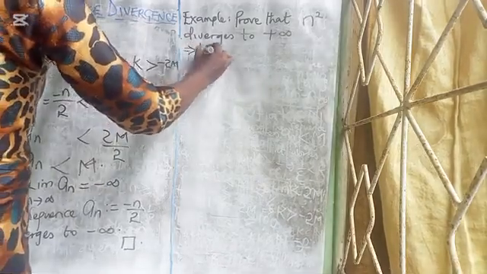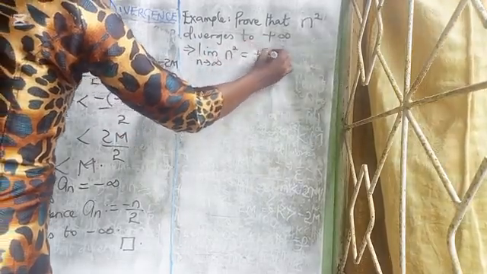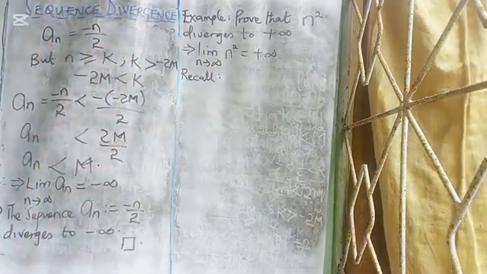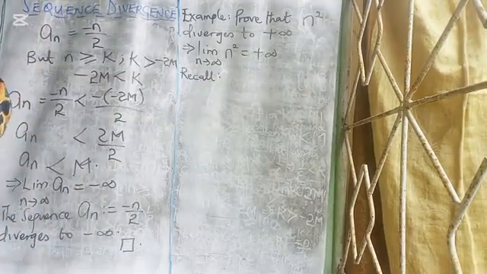It means that we want to show that the limit as n tends to infinity of n squared equals positive infinity. You will recall the definition of sequence divergence. Now remember, this is diverging to positive infinity.